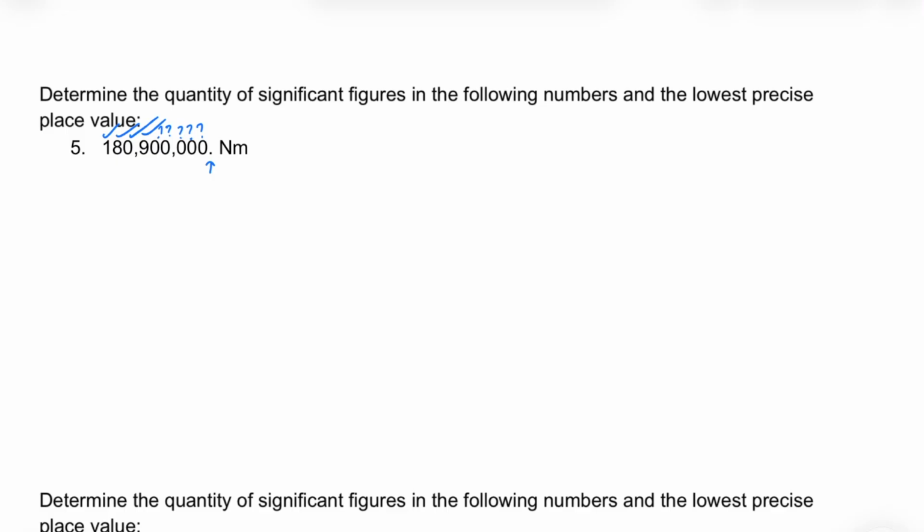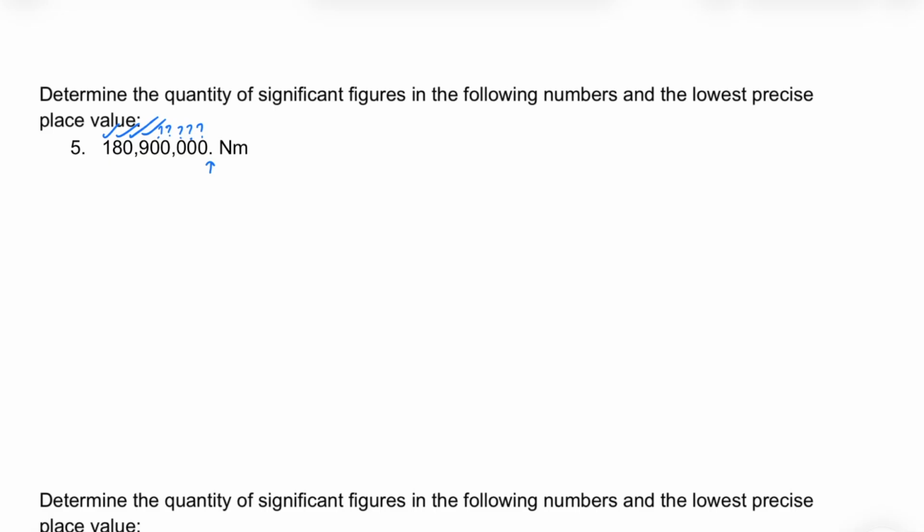And you might be wondering, this is not how we would usually write a number, right? A whole number and then put a decimal at the end. But you can include a decimal even when we wouldn't normally, if you're trying to communicate that all the zeros following the non-zero numbers are significant.